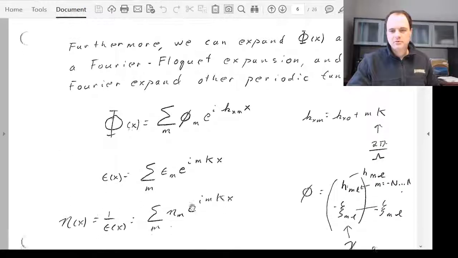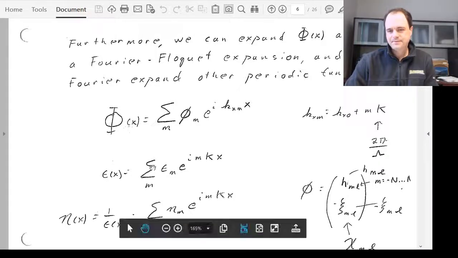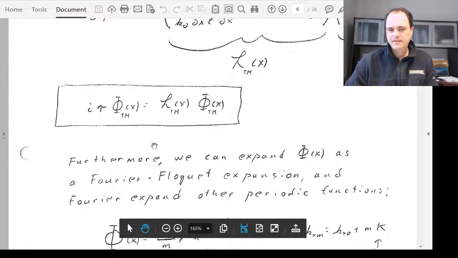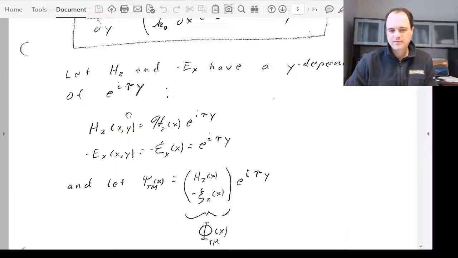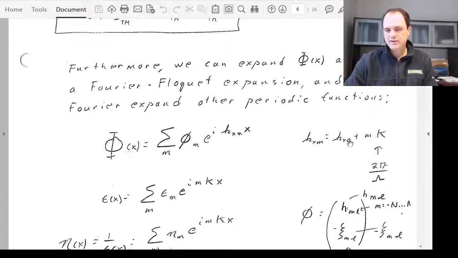Now we go back to the Floquet expansion. We said all of these waves, H and E, not only have to have a y dependence, we assume they have a y dependence of this, but the Floquet-Fourier expansion theorem says that they have to have an x dependence that's a combination of plane waves, where the kx values have to be different from the initial kx value of the incident beam by an integer multiple of capital K, which is 2 pi over capital lambda again.